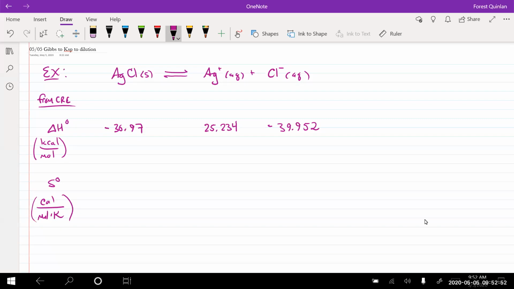The S naught is going to be, I love these, this is great. Seems silly, but 23. Everything else has all these decimals, and then you go like, oh, 23. 17.37 and 13.5.